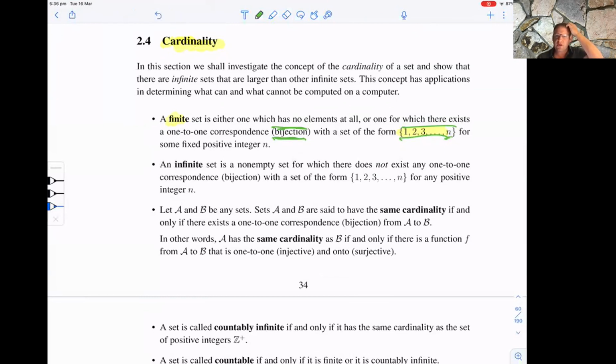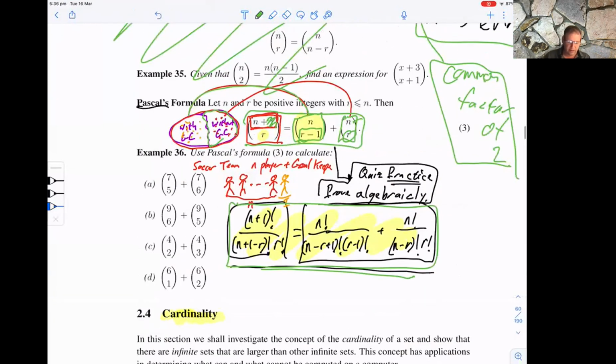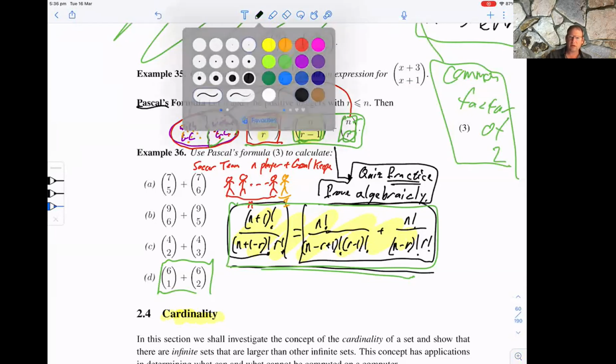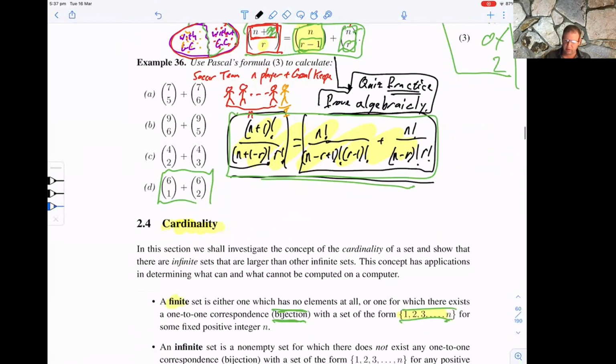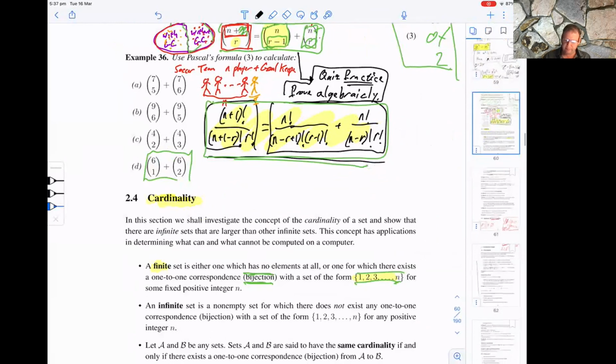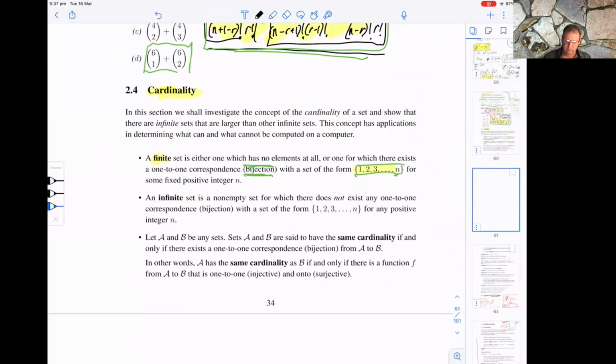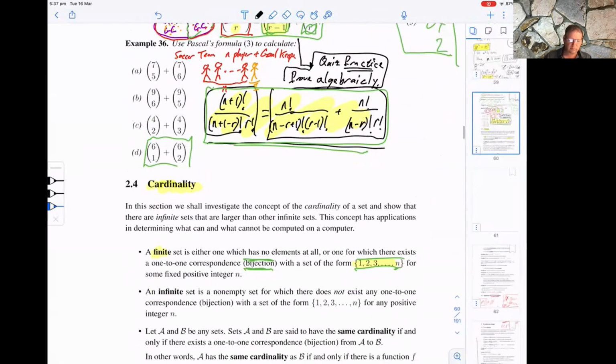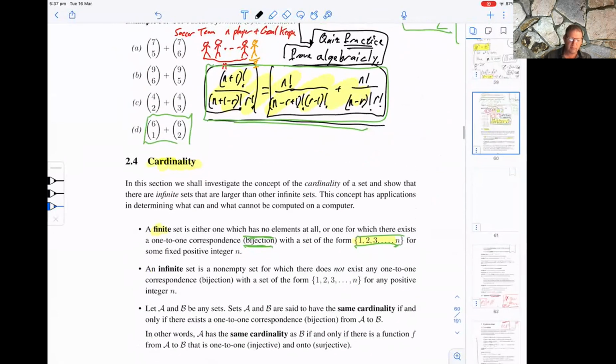Hold on, question. Could you show one example of expanding the factorial? Yes, sure, no problem. Let's do one of those just a bit slower. 6 on 1 plus 6 on 2.